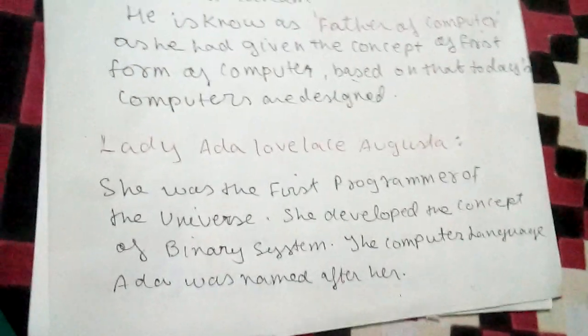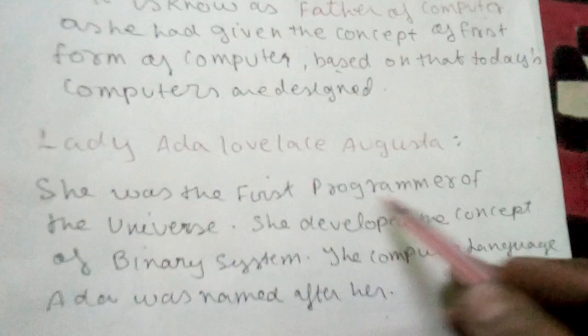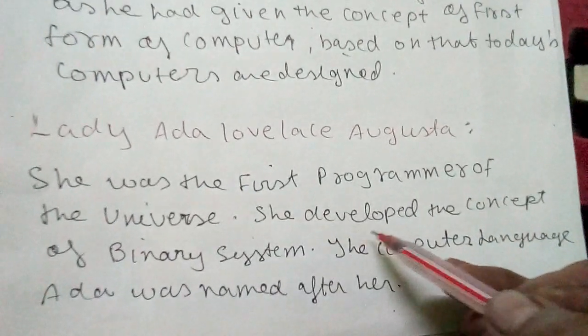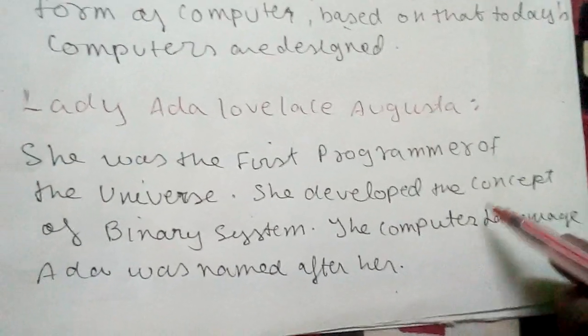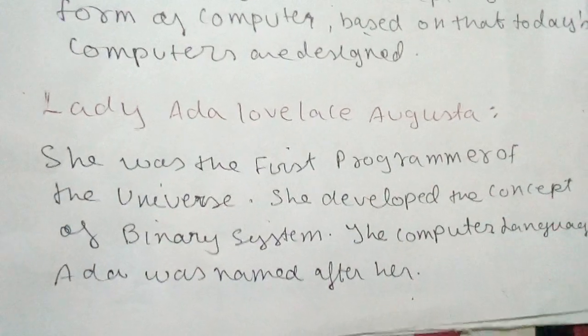So, next we talk about Lady Ada Lovelace. Who was she? She was the first programmer of the universe. She developed the concept of binary system. The computer language Ada was named after her.